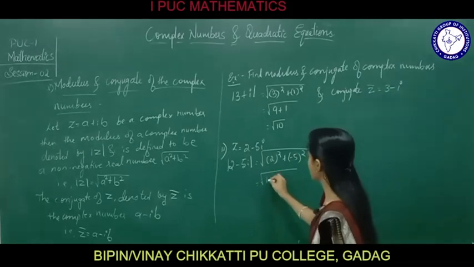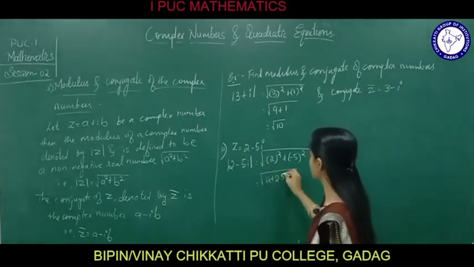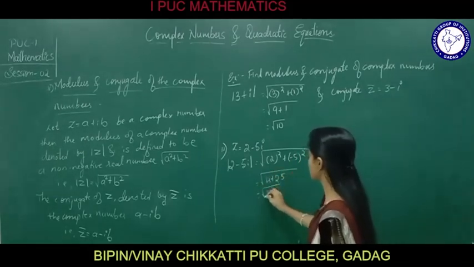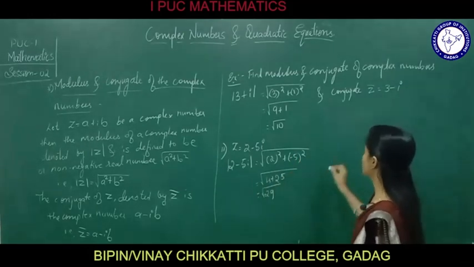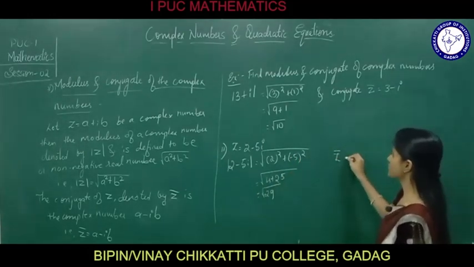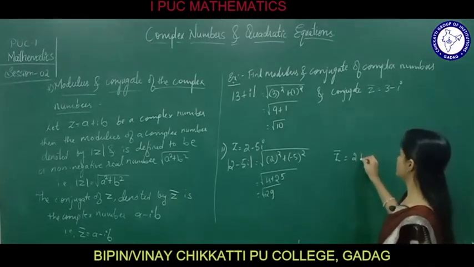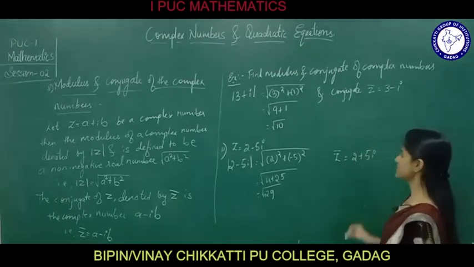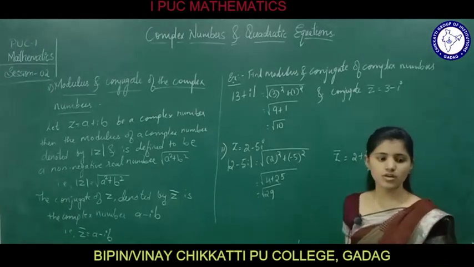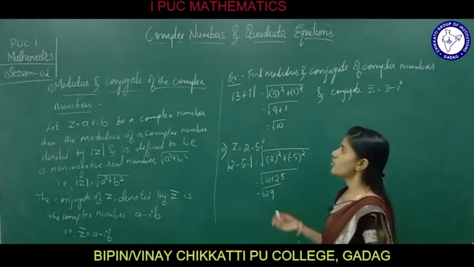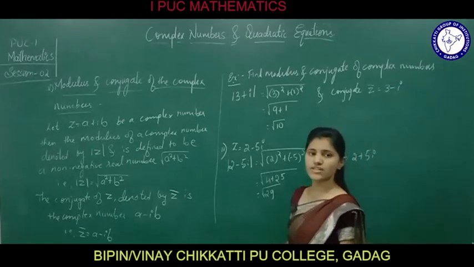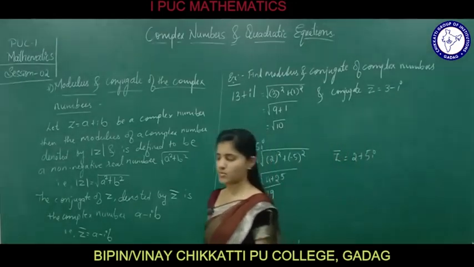Root of 4 plus 25, which is equal to root of 29. What about the conjugate of z? They have given z as 2 minus 5i. The conjugate will be 2 plus 5i. So, I hope students, you all have followed this modulus and conjugate of complex numbers.